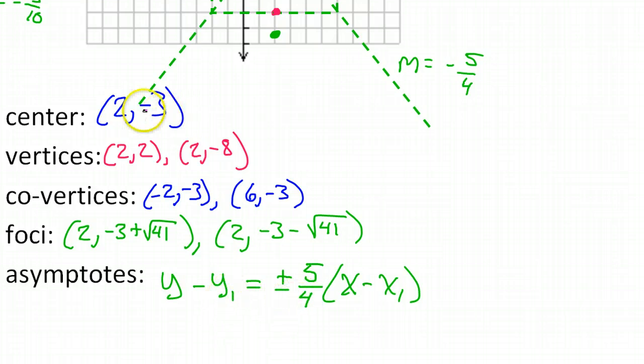Okay, I recommend using the center as your x1 and your y1. So I would let this be my x1, and I would let this be my y1. So x1 is 2 and y1 is -3. Okay, so those are going to go in quite nicely right here.